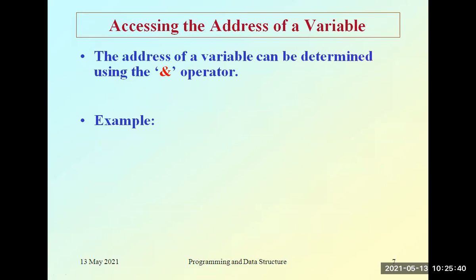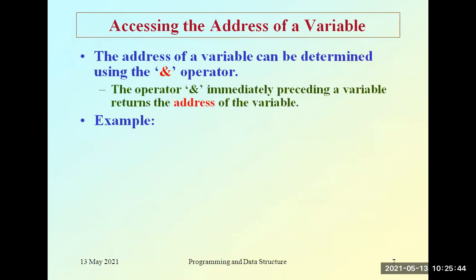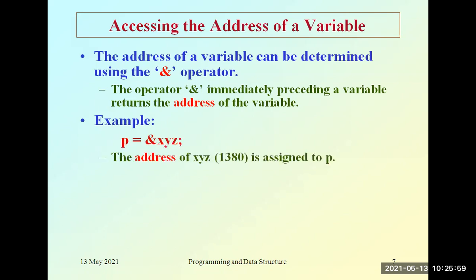You already know the address of a variable can be determined using the ampersand operator. What does the ampersand operator mean? It returns the address of the preceding variable. Whatever variable we write after the ampersand, that variable's address will show here.